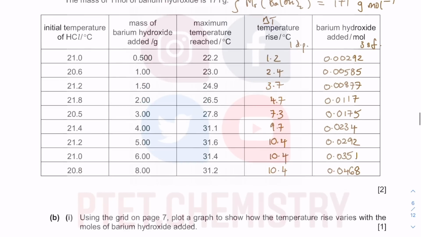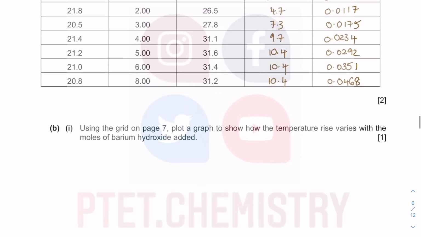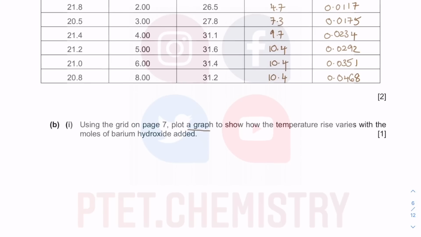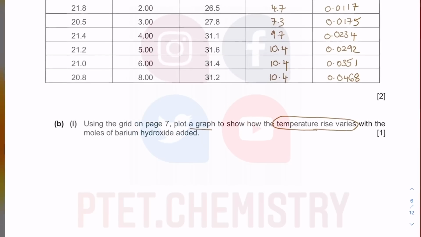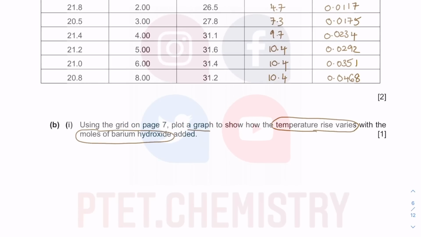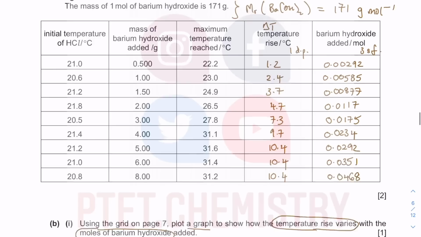Okay, so that's the last bit of it, and now, unsurprisingly, they want you to plot a graph to show how the temperature varies with the mole of barium hydroxide. Unlike the usual calorimetry diagram where it's temperature against time, this is different because it's temperature rise, which is in this table here.